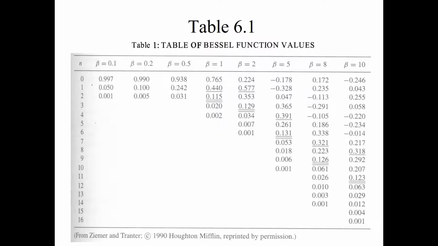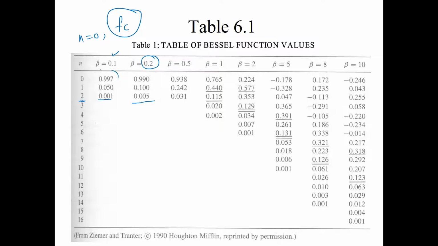For example, if the modulation index is 0.1, we will have three Bessel function values, and these are the magnitude values for that. If the modulation index is 0.2, these will be the different Bessel function magnitude values. For example, if n is equal to 0, that will be referring to your carrier case, right?